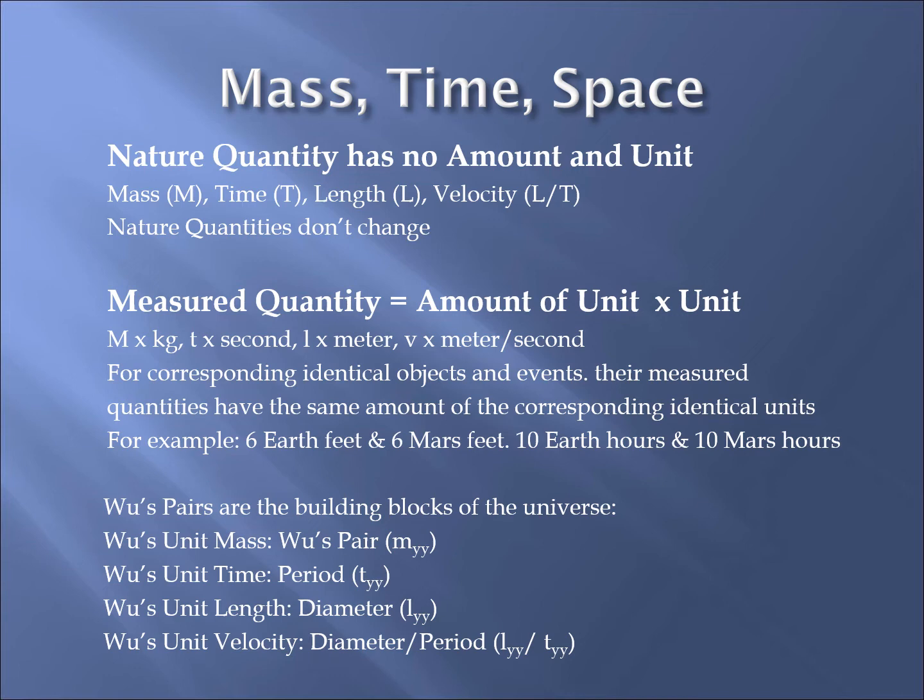For example, Woods unit mass, which is a Woods pair, abbreviated as MYY. Woods unit time, which is a period, abbreviated as TYY. And the Woods unit length, which is diameter, abbreviated as LYY. Woods unit velocity is diameter over period, abbreviated as LYY over TYY.